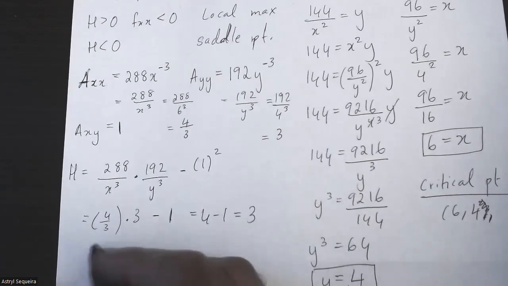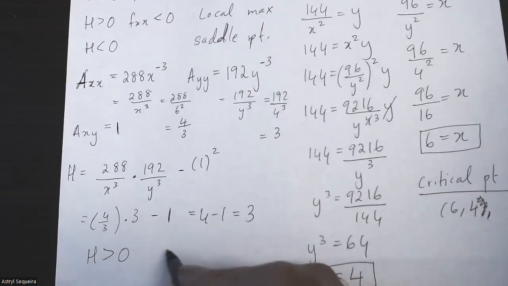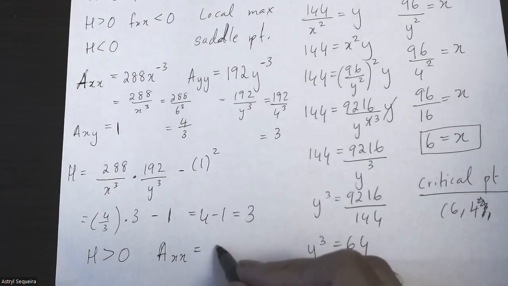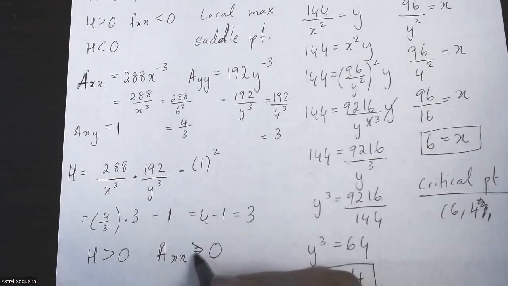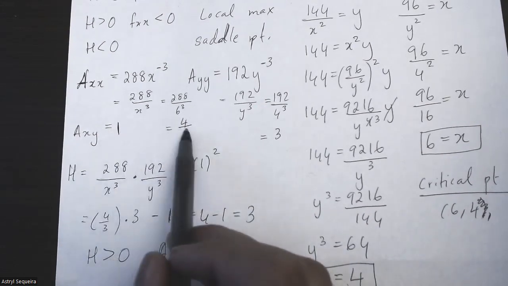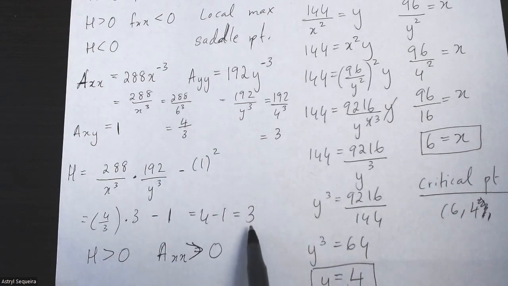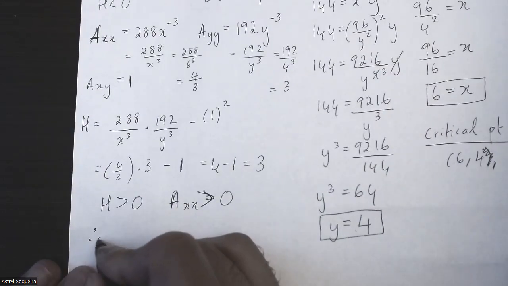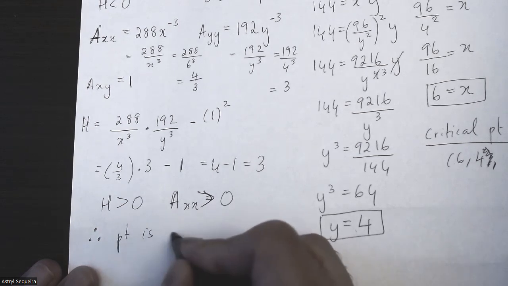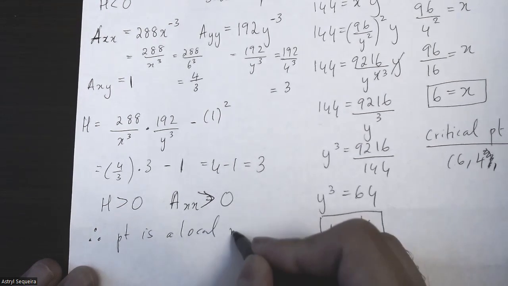So as you can tell, my h is greater than 0, and my fxx, technically axx in this case, is also greater than 0 because I got axx to be 4 over 3 and h to be 3. Both of them are greater than 0. And if both of them are greater than 0, I have proved that this point is a local minimum.